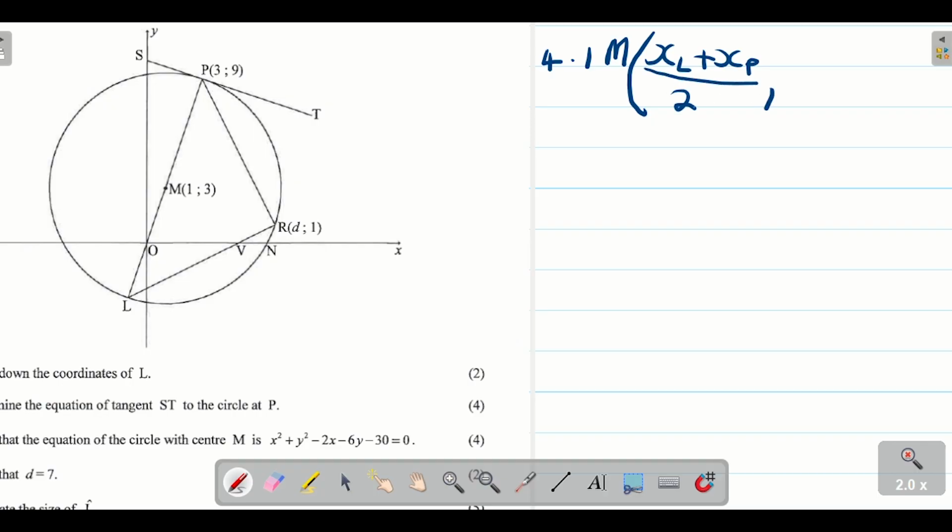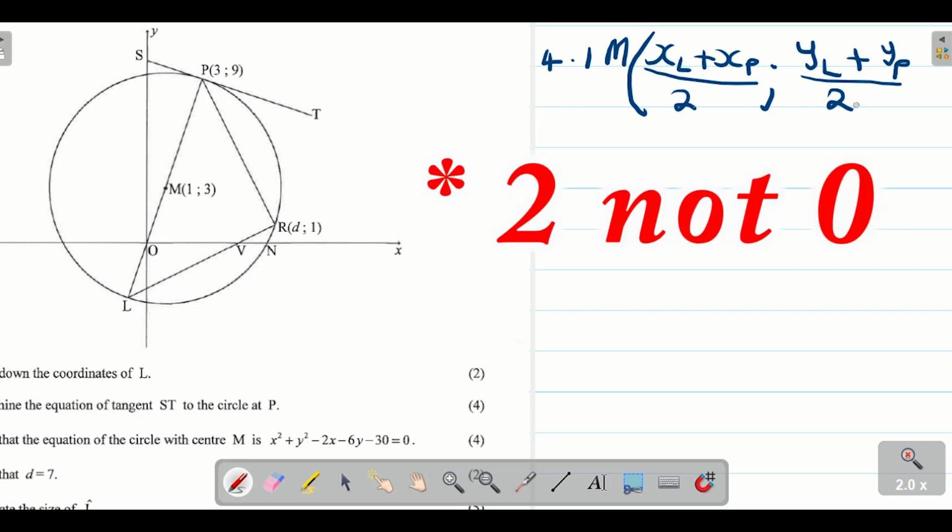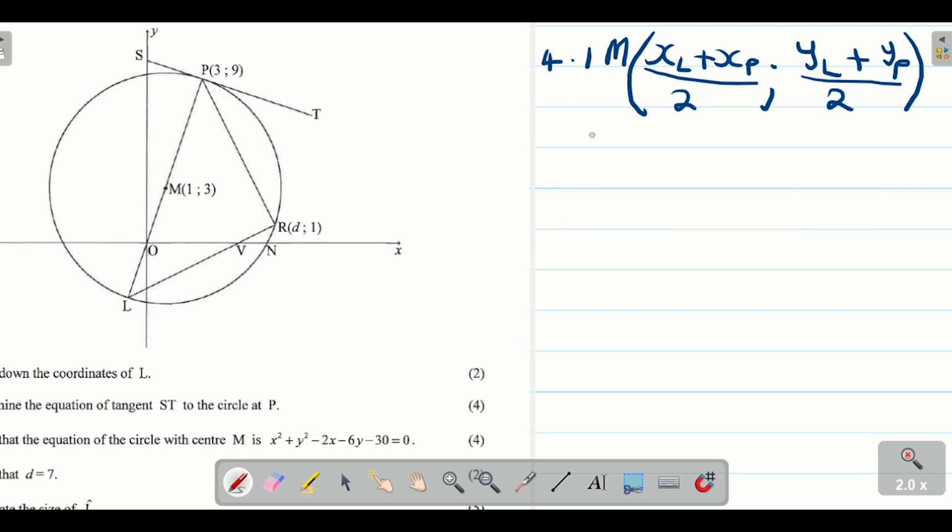That gives us the x value of the midpoint. Then for the y value of the midpoint, we take the y value of L, add it to the y value of P, and divide by 2. But in this case, we already have the midpoint. We are just looking for the x value of L and the y value of L.